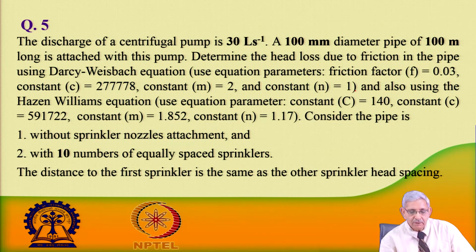Question 5, in this question 5 we have been given data of 30 liter per second. Now, this is a pump which is delivering a discharge of 30 liter per second, and with this pump a 100 millimeter dia pipeline of 100 meter is attached.